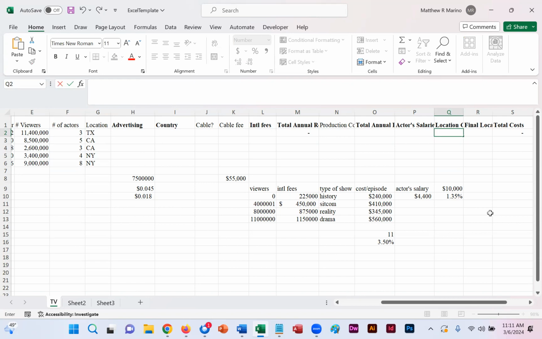Interesting. I could send you a screenshot. So if location equals NY, comma, 1.35% absolute times total annual revenue, otherwise 0.